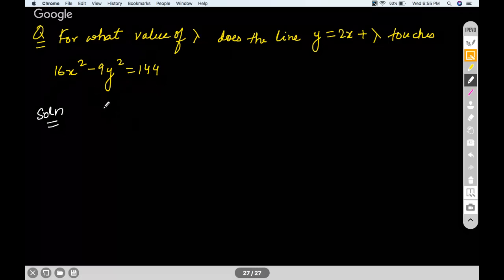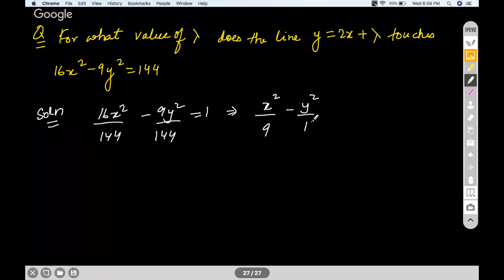First of all, we write it in a standard form. So 16x square by 144 minus 9y square by 144 equal to 1, which means x square by 9 minus y square by 16 is equal to 1. Okay. Now a square is 9, b square is 16. And for our case, c is equal to lambda and m is equal to 2.